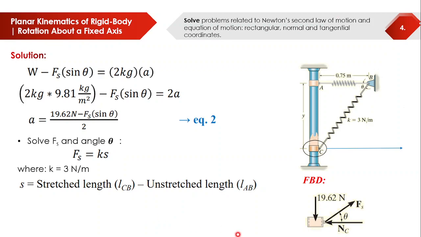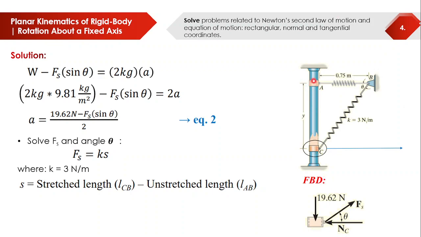Okay, so the stretched length is CB, this is the stretch, and the unstretched length is AB. This is the initial length of our spring when the collar is at the top.